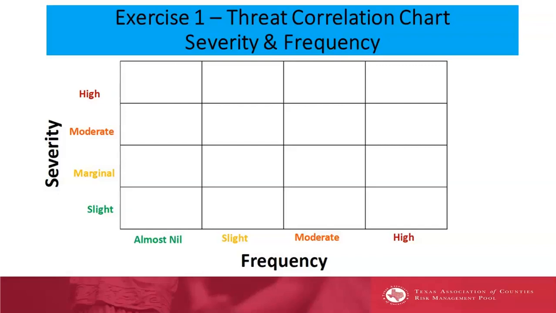So it would be at the slight frequency, but we haven't had many tornadoes in Austin, but when we've had them, the damage has been moderate. So I would put a dot on that square where you intersect slight and moderate for a tornado in Travis County.